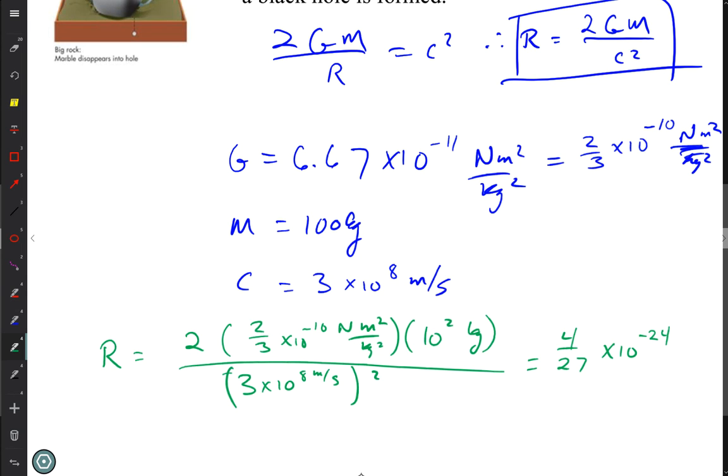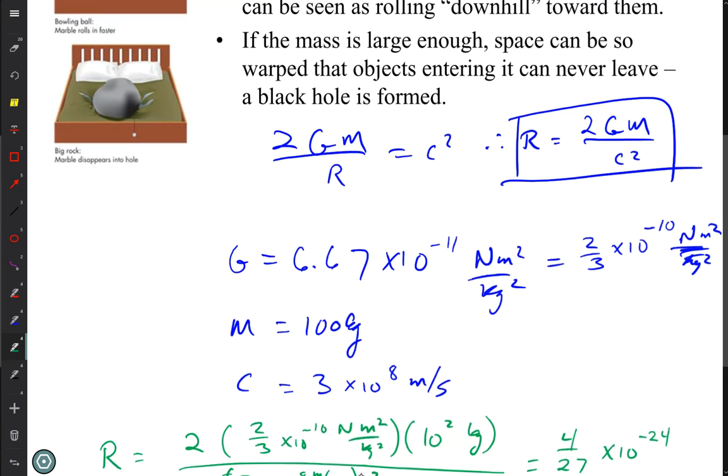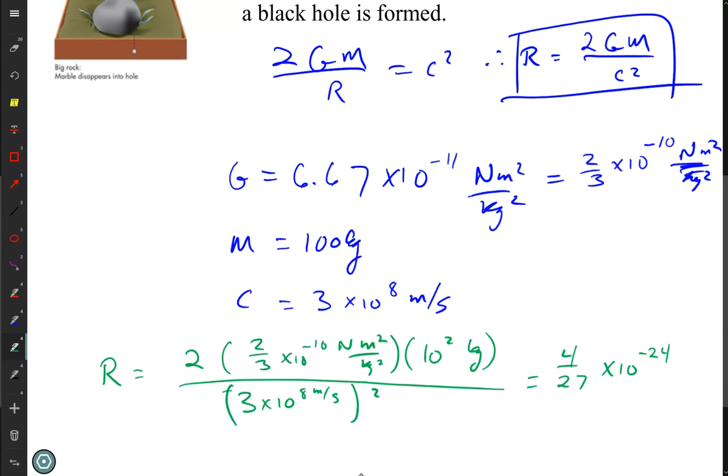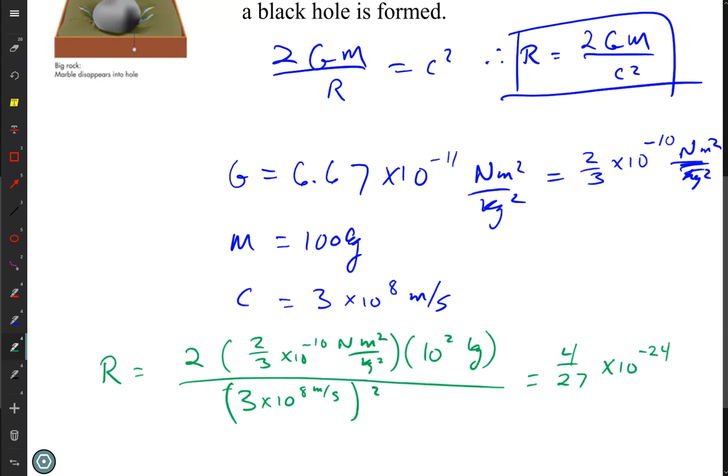And my units here are going to be... Oh yes, there's a kilogram in the Newton. I was like, I'm not canceling everything right. Meters. So 4 over 27 is approximately 4 over 25, that's a good approximation.